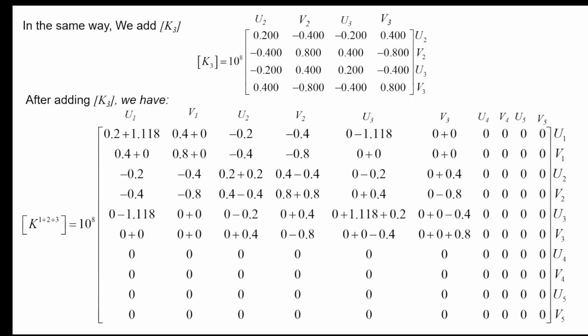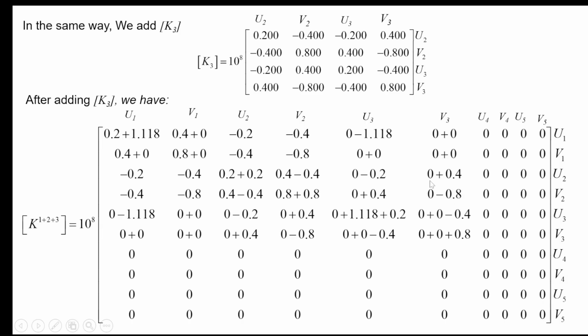By the time we put all those members, at the end of the day, for each position we add. For instance, this place is 0 plus 1.118 plus 0.2, we add it to represent one number. Where it needs to subtract, we subtract it. Like this place is 0 minus 0.8, we subtract it.